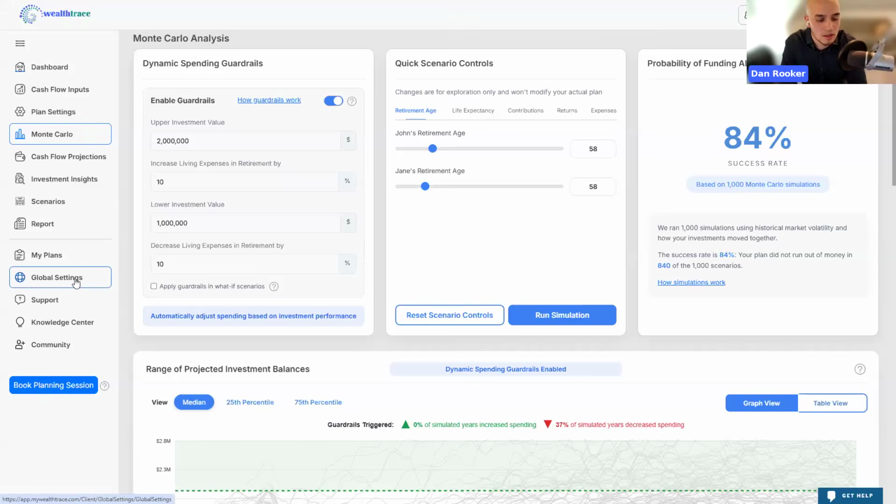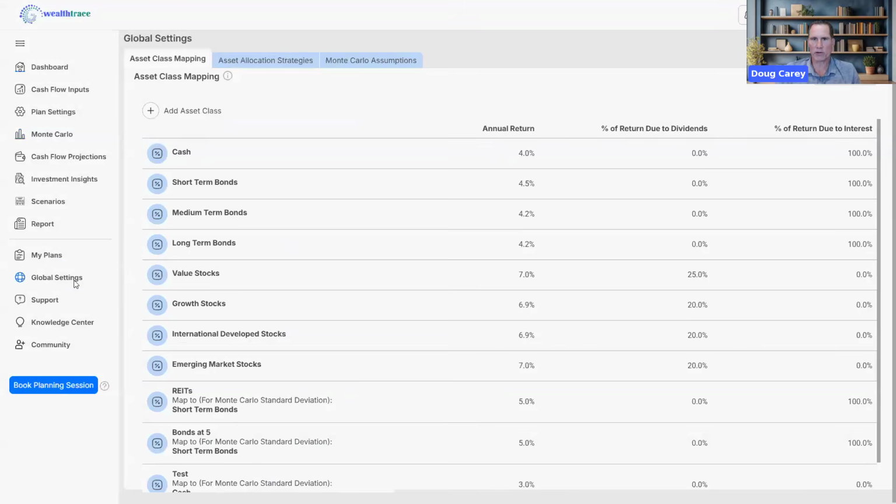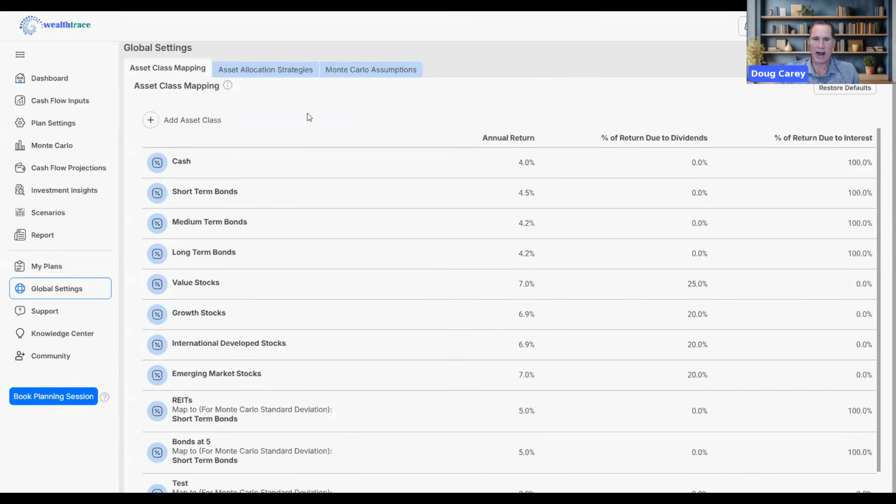pretty robust. Yeah, a lot of applications just force you to enter your own assumed rate of return, and then it's just applied on an average basis for the whole portfolio. So we'll look at the holdings level, every holding, and we'll map it to one of these asset classes. By the way, you can create your own asset classes too, and map your holdings to those. But we will map to asset classes, which then have a historical rate of return, as you see here.